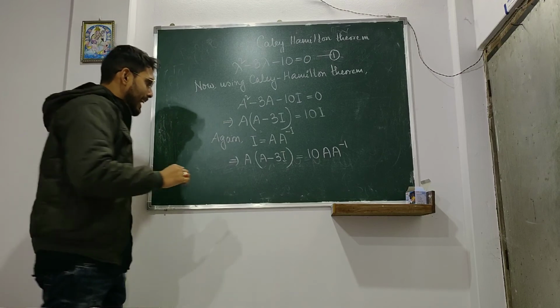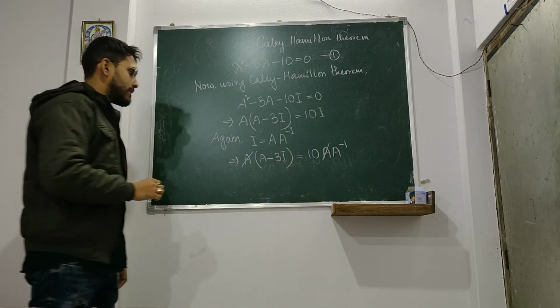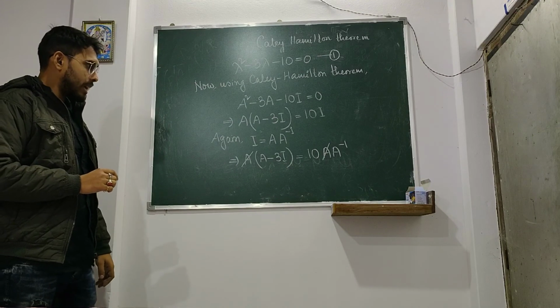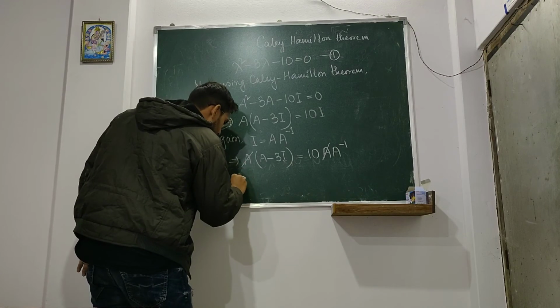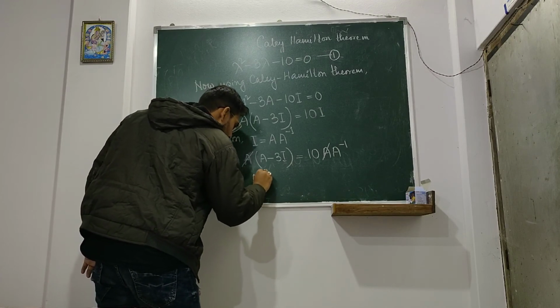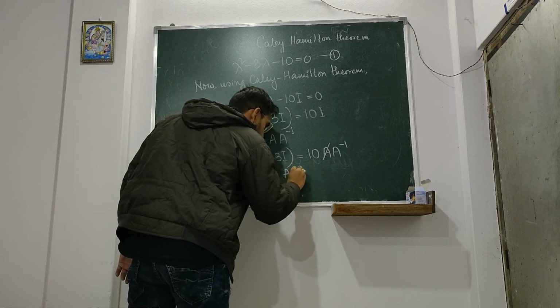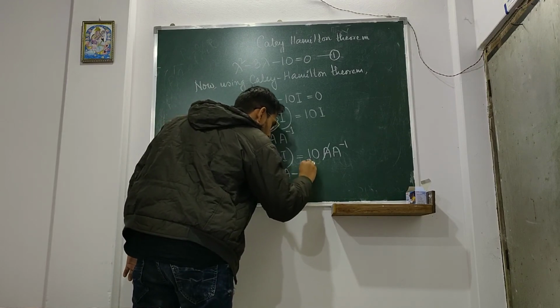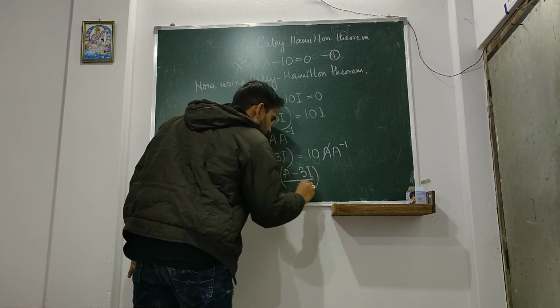So this A and this A will get cancelled. Ultimately this A inverse can be written as A minus 3I by 10.